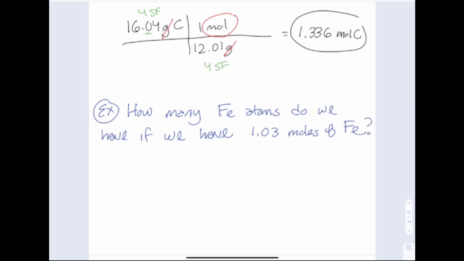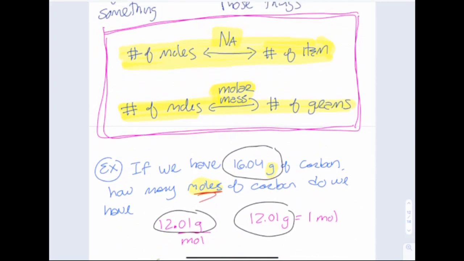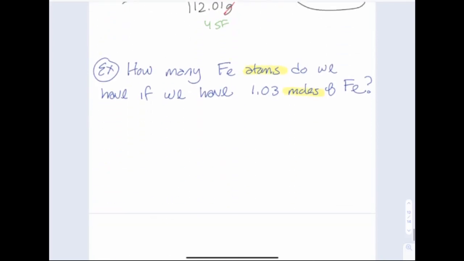So this time what we're converting between is the number of atoms and the number of moles, right? So if we go back up to our little list here, anytime we convert between the number of things, in this case atoms, and the number of moles, we want to use Avogadro's number. So that's how we're going to convert this one. So back down to the problem.